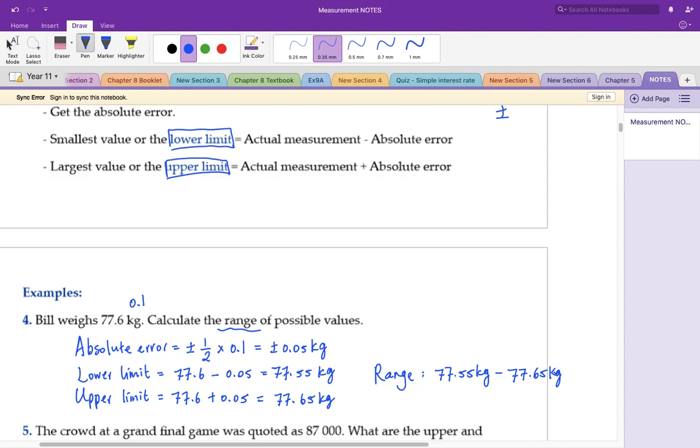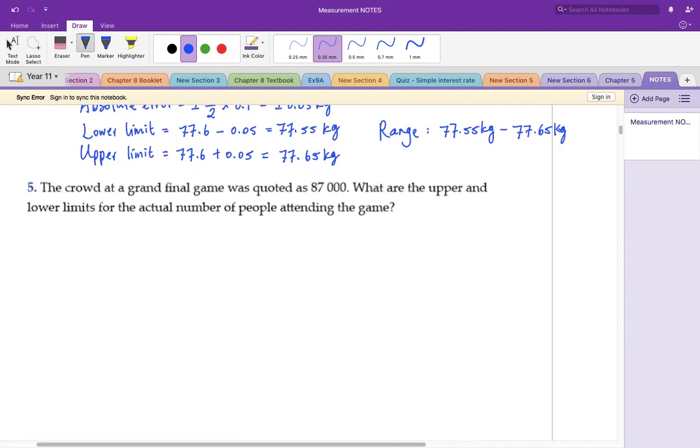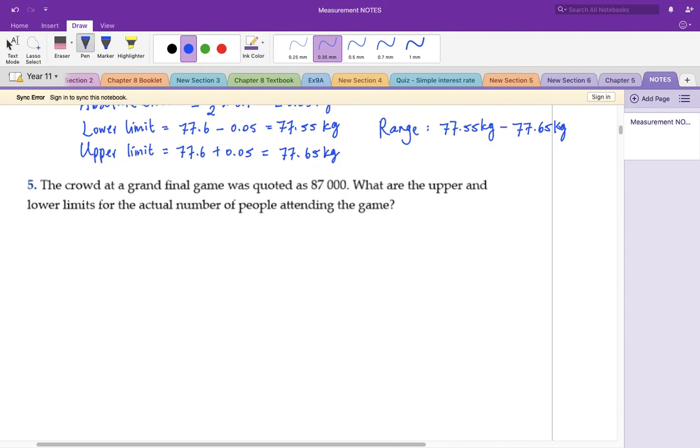Alright, next question. I want you to first take some time to do it first. So for this one, even though it is to the nearest 1, in real life, how does it work? When you're counting people in such a large venue, it's got 000 at the end.